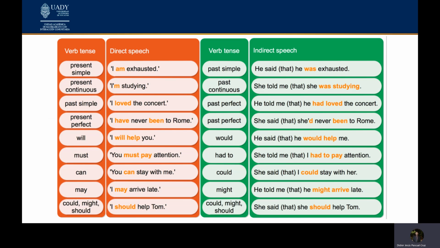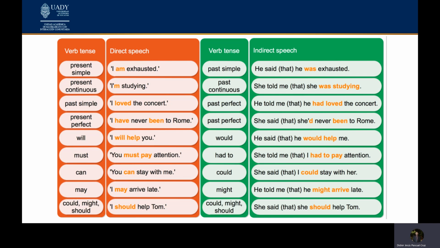Finally, when you are saying the different things that happened, you are going to use the reported speech. The reported speech is used to repeat something that somebody else said.